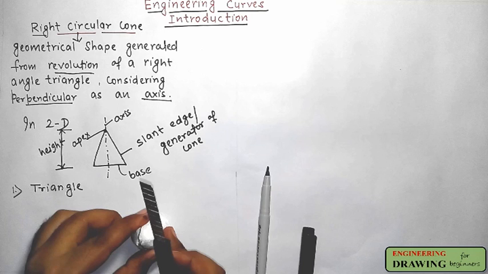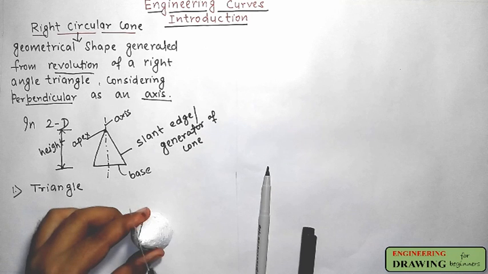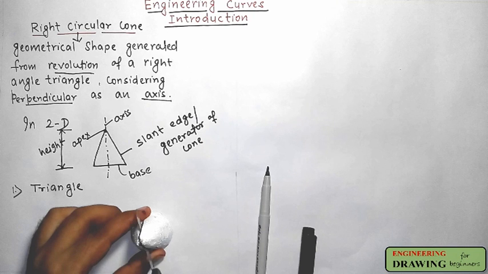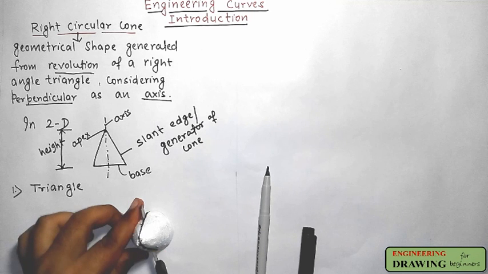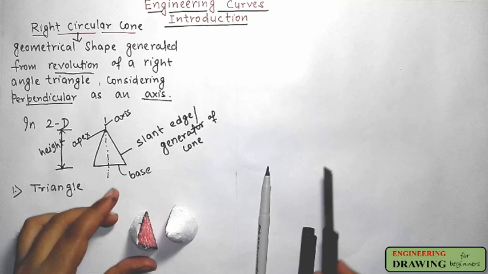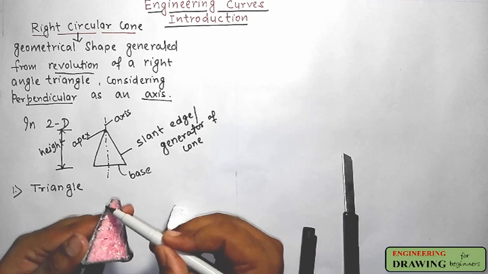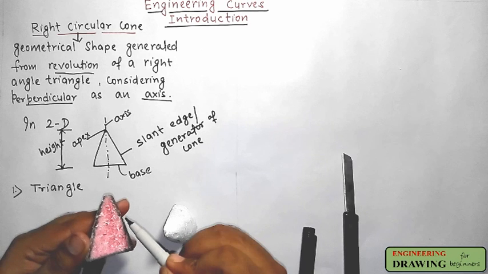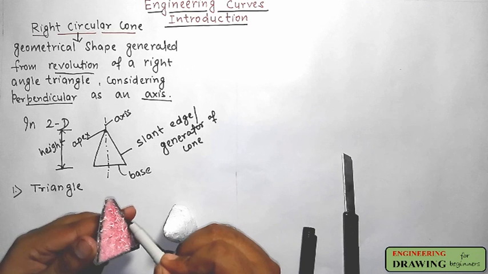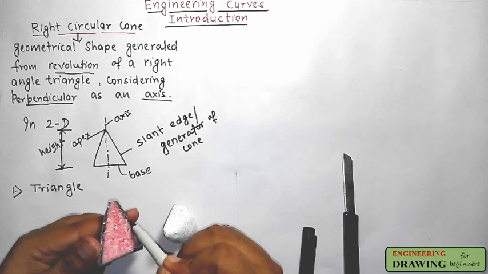To get a triangle, we have to cut the cone from the apex to the center of the base vertically. You can see it. In this triangle, these two sides are equal and equal to the slant length of the cone.